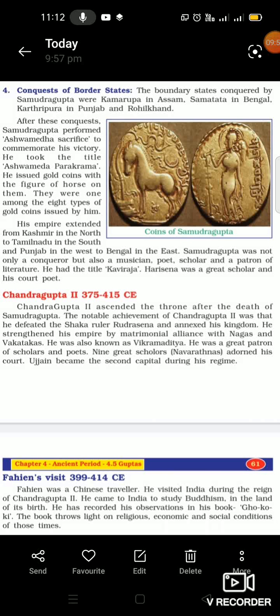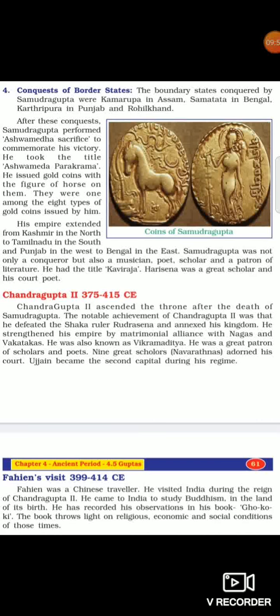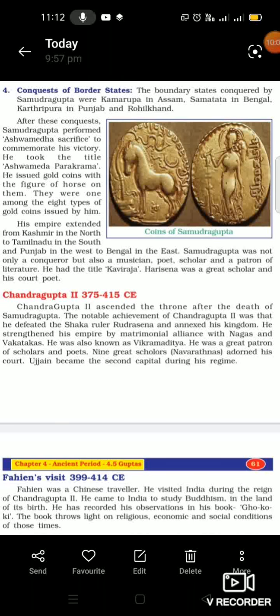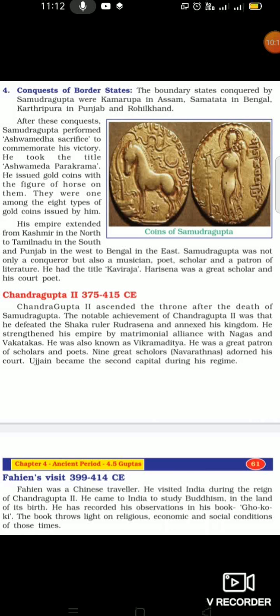He issued gold coins with the figure of a horse on them. They were one among the 8 types of gold coins issued by him. His empire extended from Kashmir in the north to Tamil Nadu in the south and Punjab in the west to Bengal in the east.